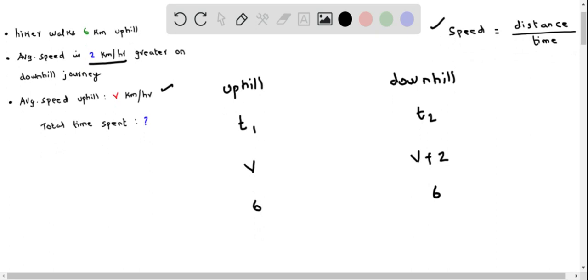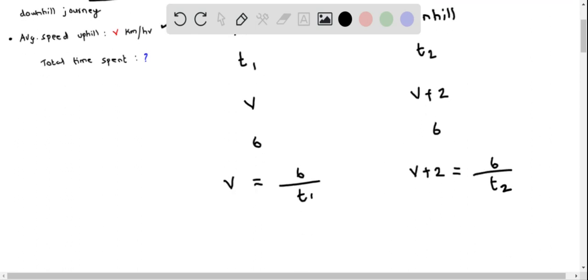For the uphill journey, the average speed v equals distance, that is 6, divided by the time taken, t1. Similarly for the downhill journey, the average speed is v plus 2, and this equals the distance traveled, 6, divided by the time taken, t2.